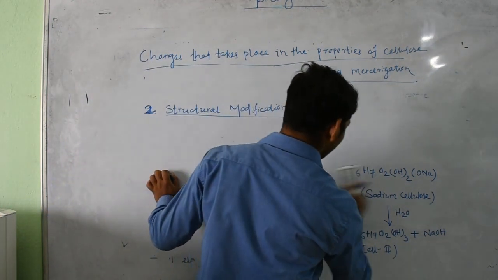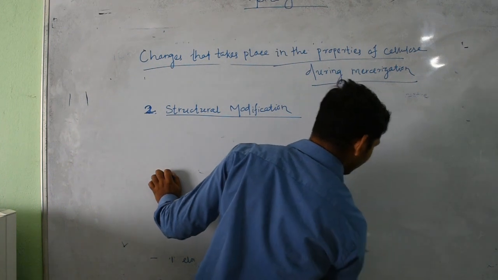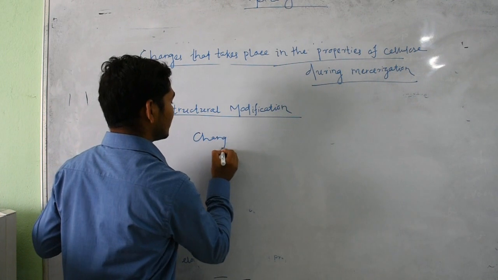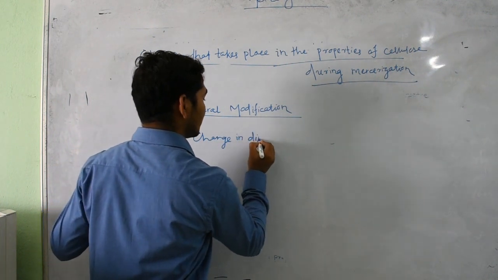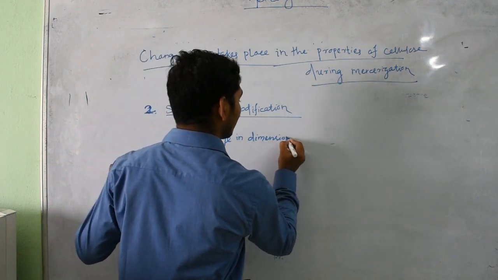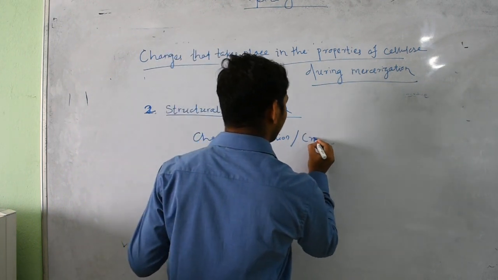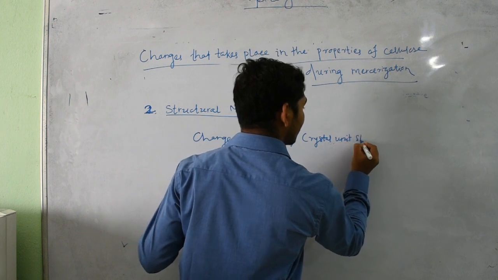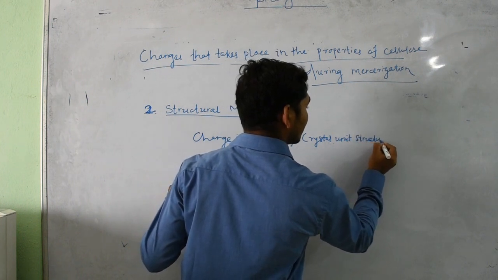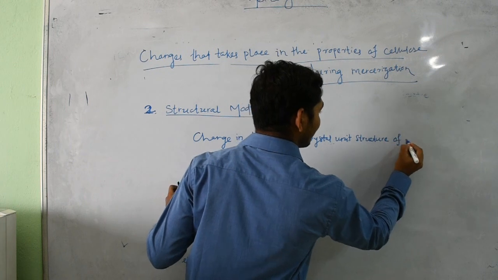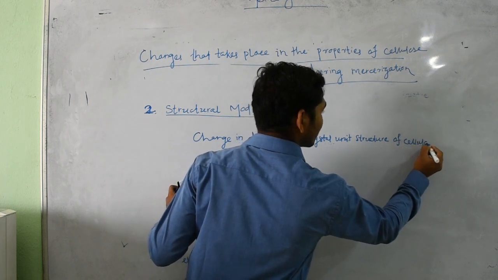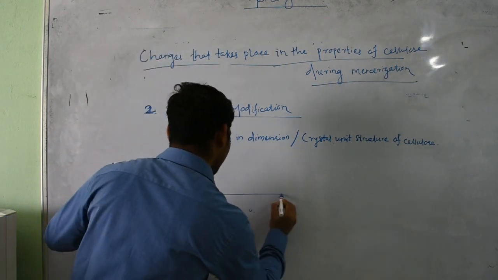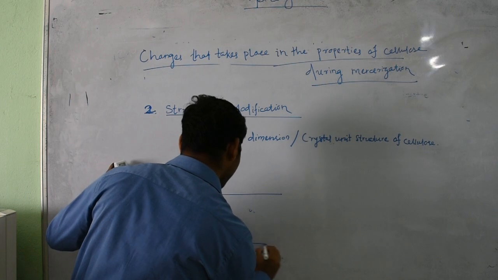The change is in the dimension, or crystal unit structure of cellulose. Now let's draw the crystal unit structure of cellulose first.